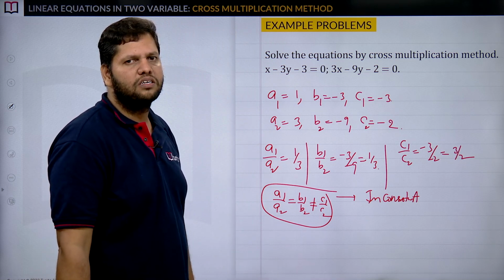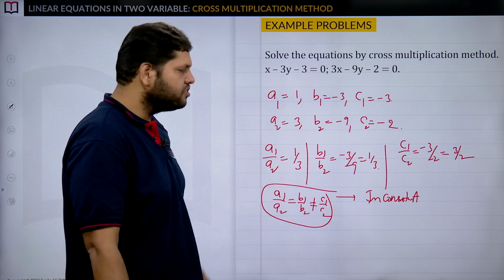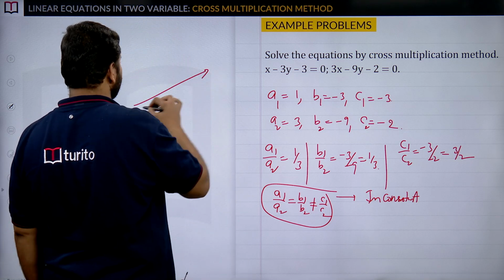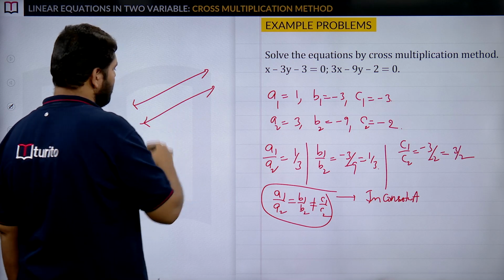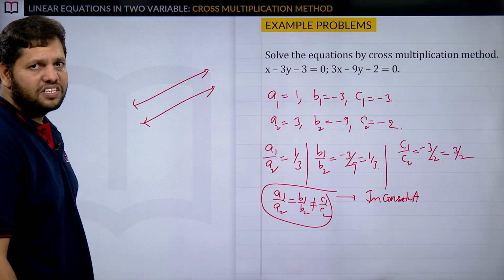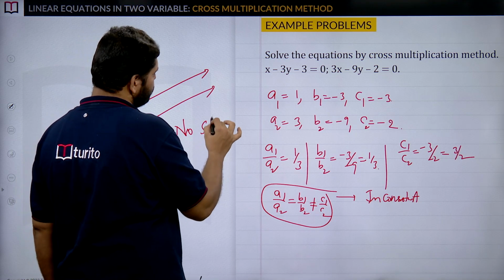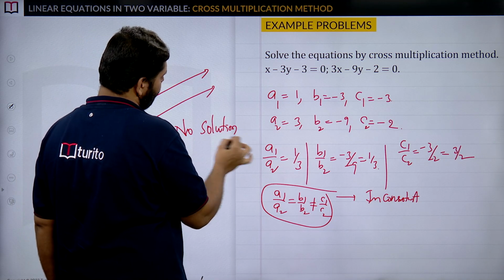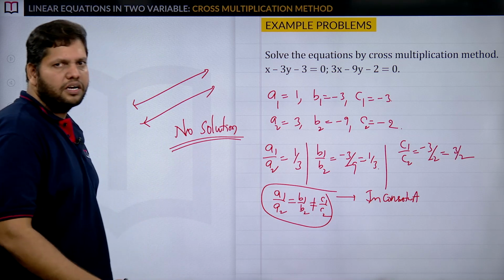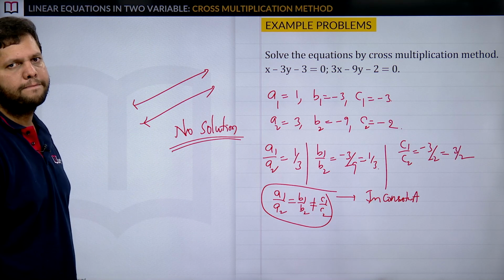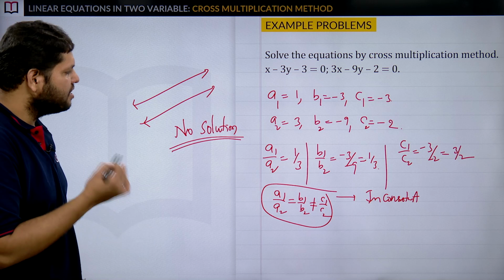Here there is no solution because the two lines are parallel. So, when the lines are parallel, what is the solution? We can say no solution. That's why we are not getting the solution.